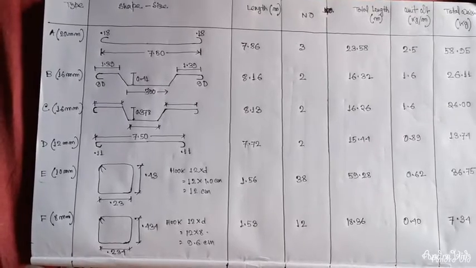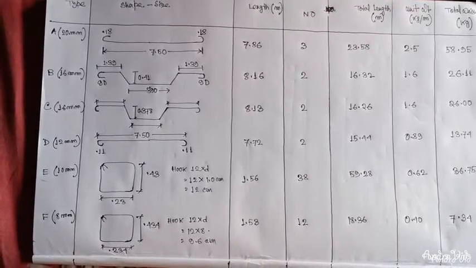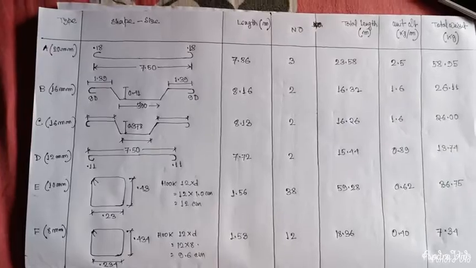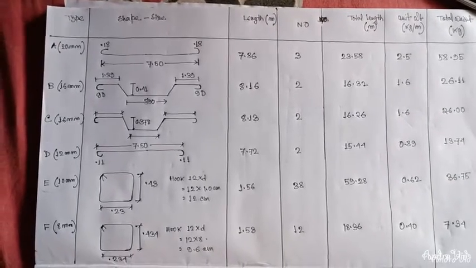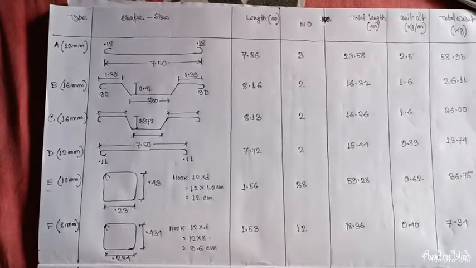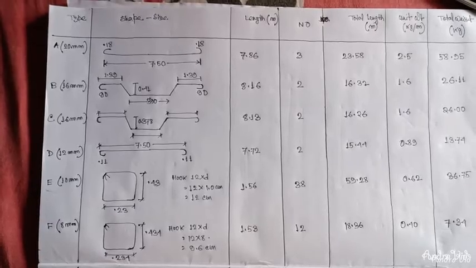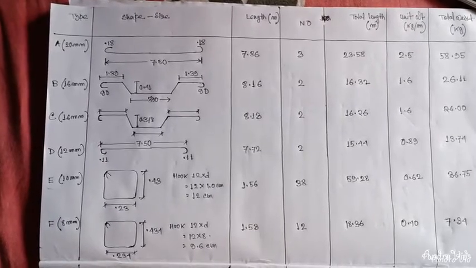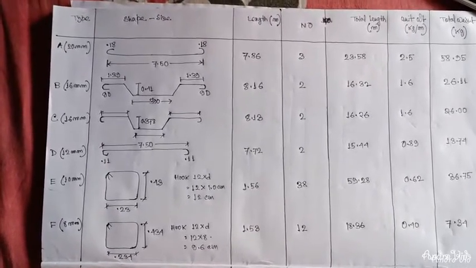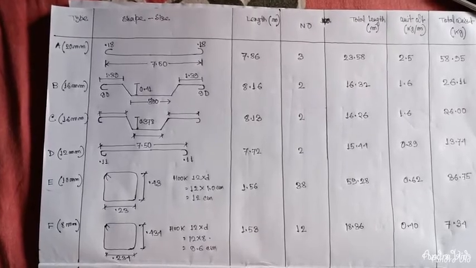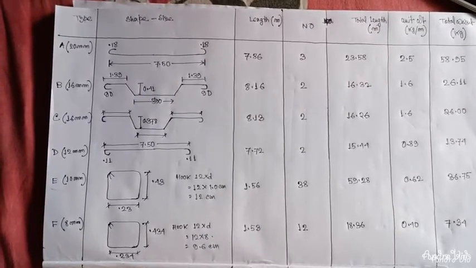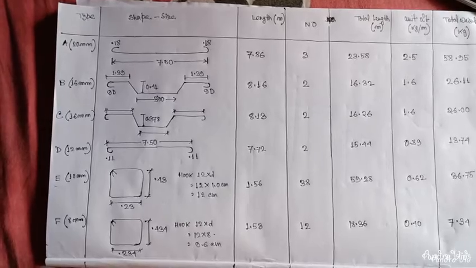We have determined the hook length in the last video by using the formula 9D, and D is the diameter of the particular bar. In the column for length we have to put the total length, and that is straight length plus hook length. All this calculation we have already done in our last video.